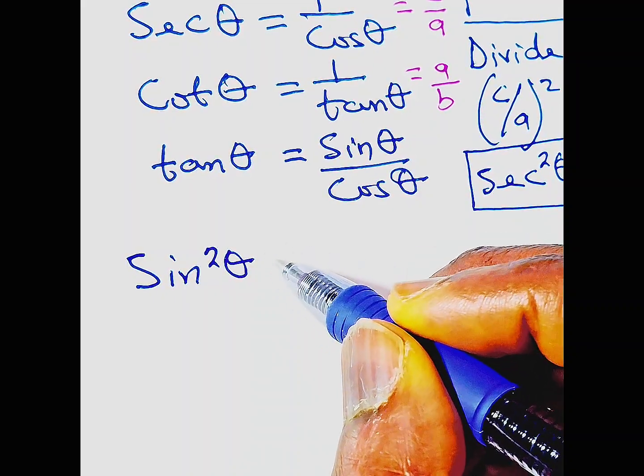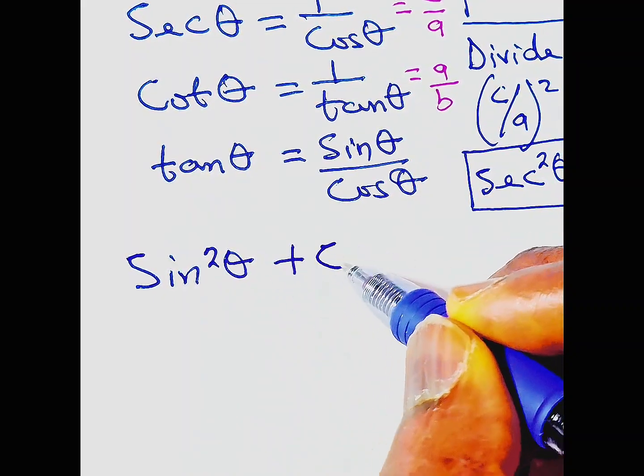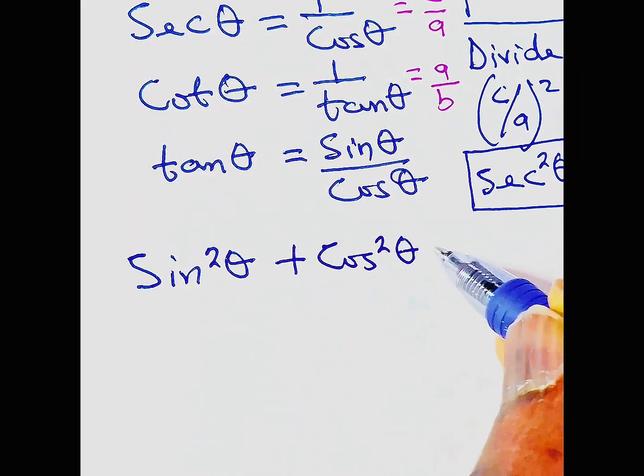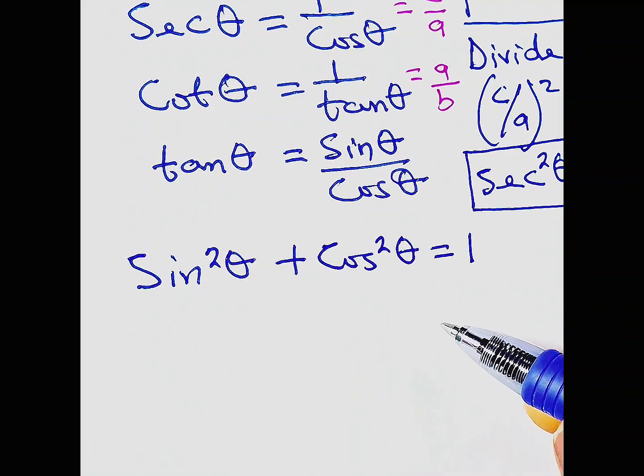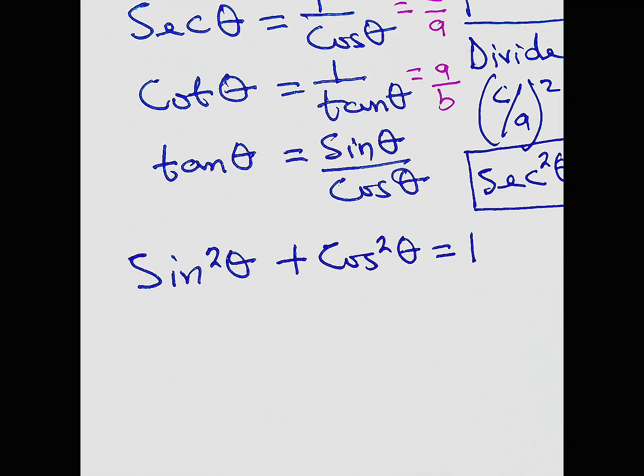If you have sin square theta plus cos square theta equals 1 from the Pythagorean theorem, we can obtain sin theta, cos theta, sin square theta, and cos square theta.